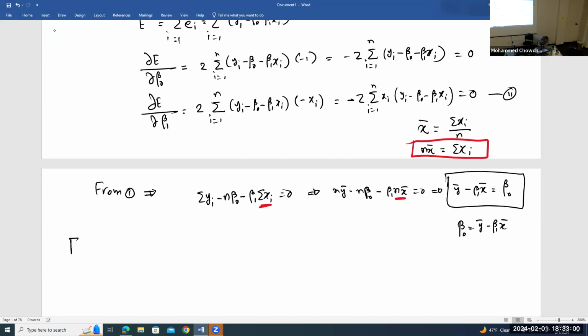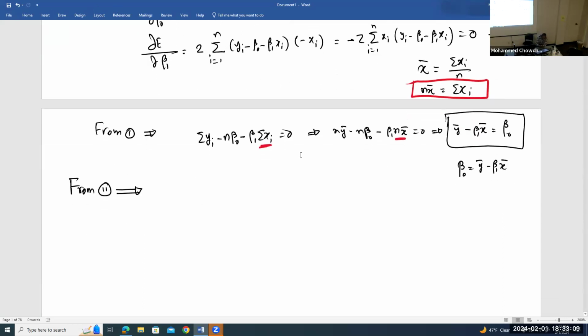Now from 2, what did you get? From 2 you will get minus sum of xi yi minus beta 0 sum of xi and then minus beta 1 sum of xi square equal to 0.